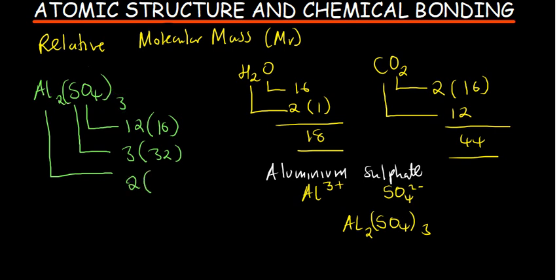And what's the relative atomic mass for aluminium? If we check on the periodic table, the relative atomic mass for aluminium is 27. So this is what we are going to total now, and this is going to give us 342. That's going to be the relative molecular mass for aluminium sulfate.